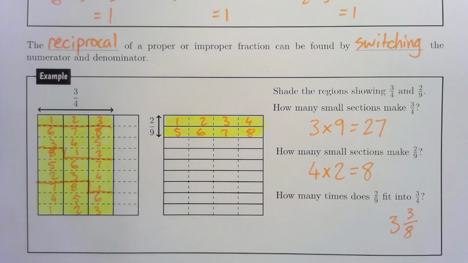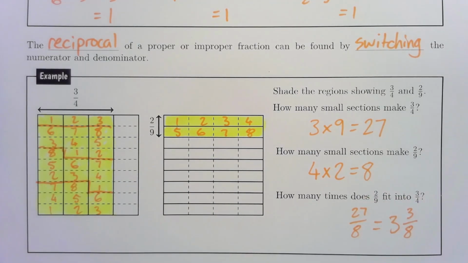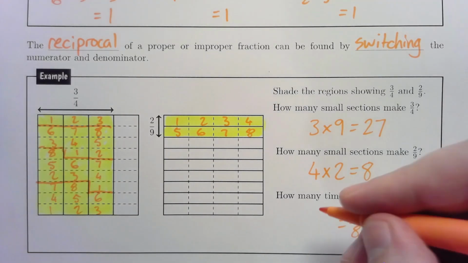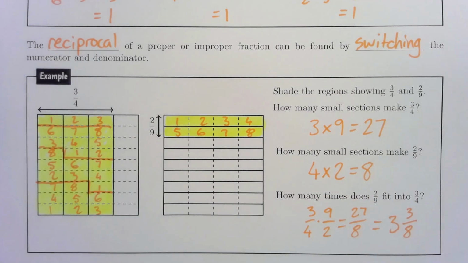Well, 3 and 3/8 is actually the same as 27/8, which shouldn't be surprising because we were trying to fit 8 sections into 27 sections. Now we can see that we got those numbers 27 and 8 by multiplying 3 by 9 and 4 by 2.